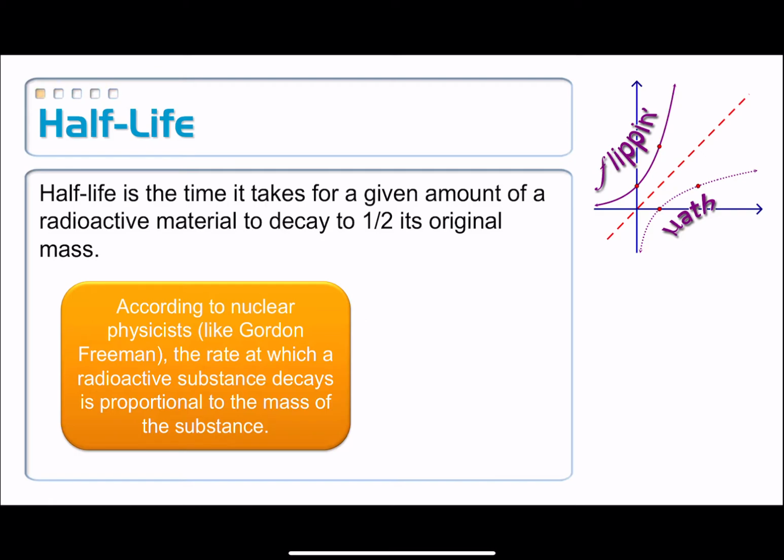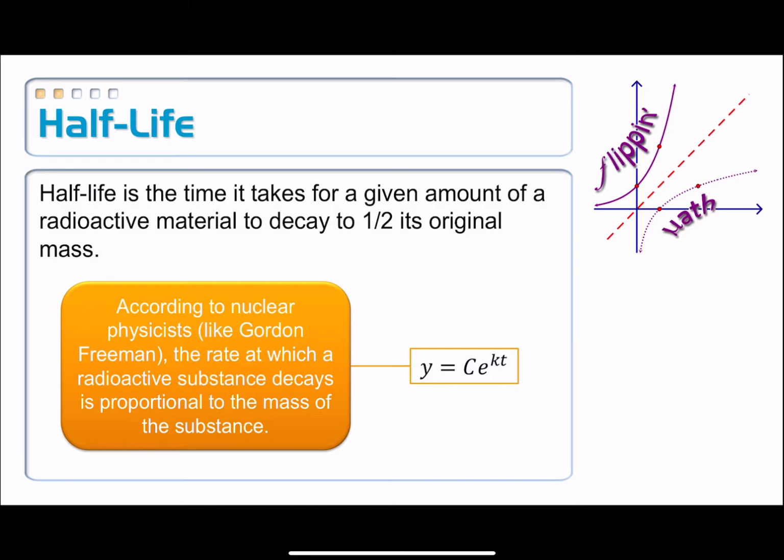And that sounds just like our exponential growth equation for populations. It's just that this one is decaying, which means that it should have the exact same exponential growth or decay equation, y is equal to c times e to the kt. And again, this looks just like the equation that Gordan Freeman gave us, just a little bit less complicated without its little Greek letters and stuff in there.